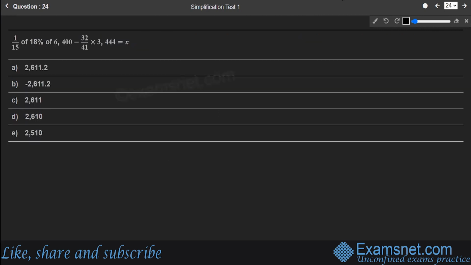Now he says 1 by 15 of 18% of 6400 minus 32 by 41 into 3444 is equal to x. So clearly we have to remember, every time we have to use the rule of BODMAS in the same order.